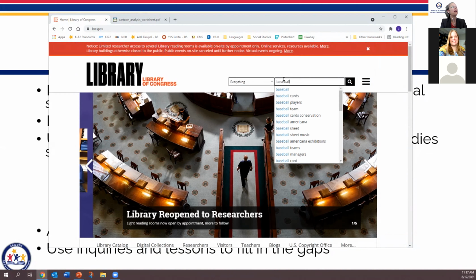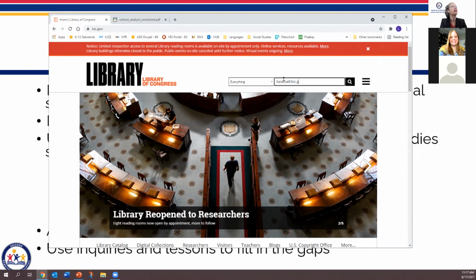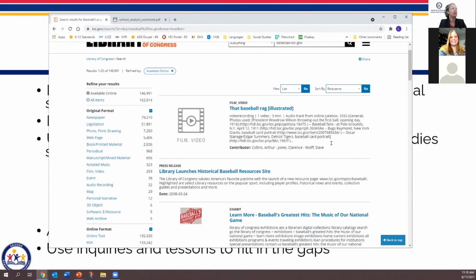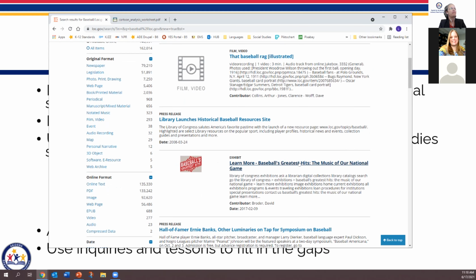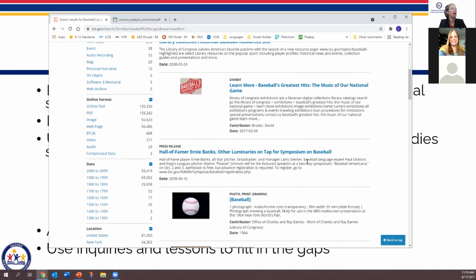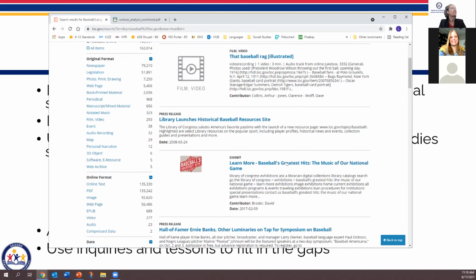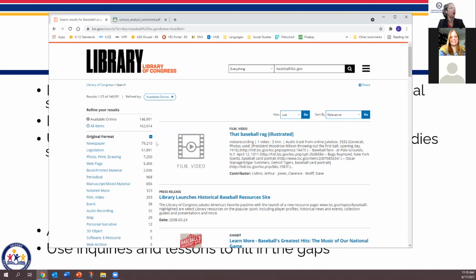If you go to baseball.loc.gov and then click search, that's going to bring up all of the resources that the library has first and foremost in their collection. And so you can look at those resources and pick images or articles that it may be. Like here's baseball's greatest hits, all sorts of different items. Here's music that you could do for baseball that they have. So lots of different things that you can search on for the Library of Congress, which is kind of nice.